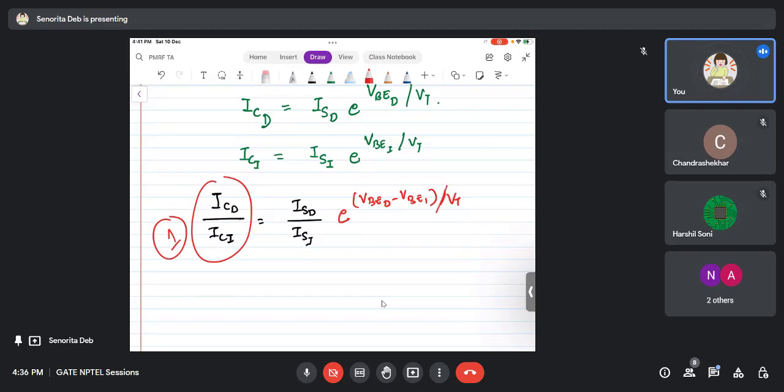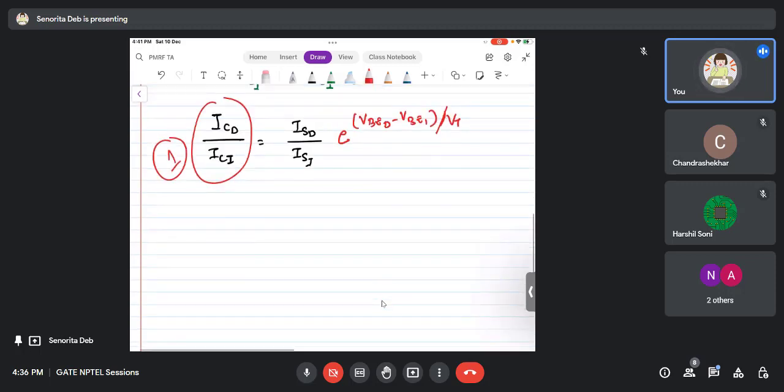So what will we write ISD by ISI as? It is AED upon AEI, the area of the discrete transistor and the area of the integrated circuit.